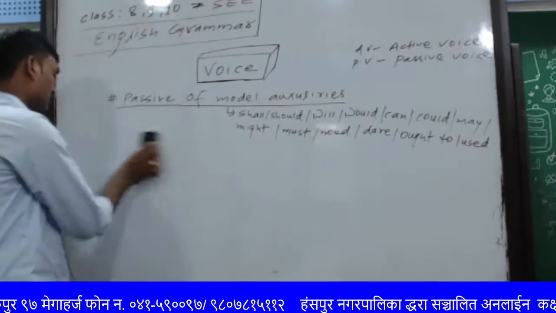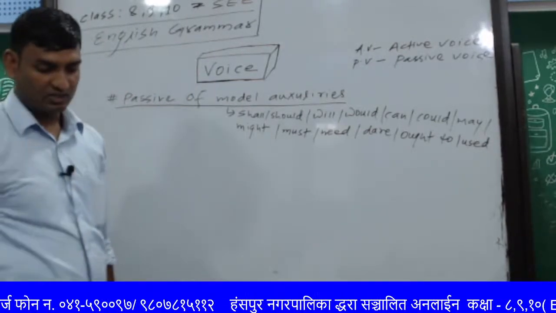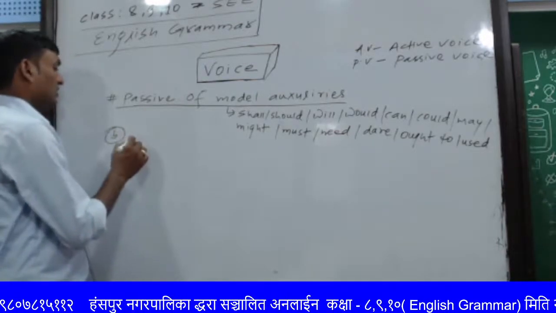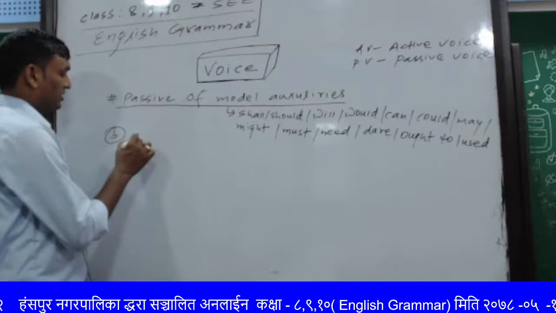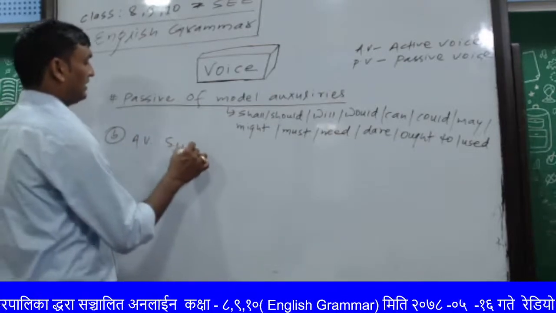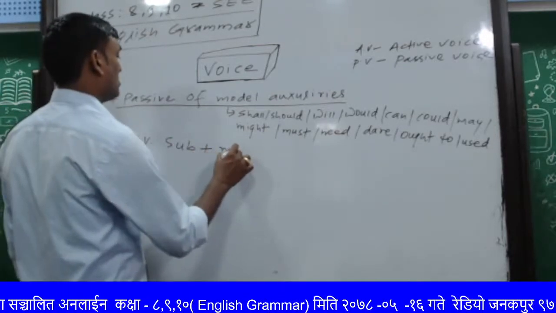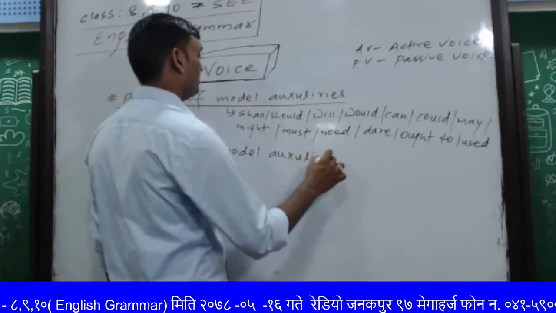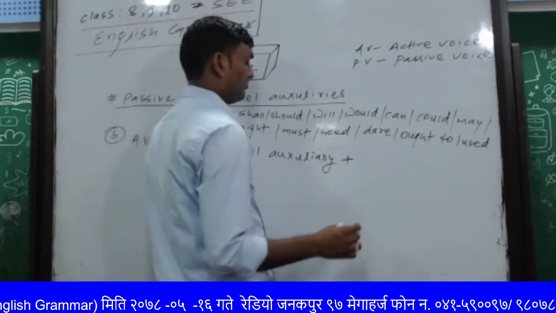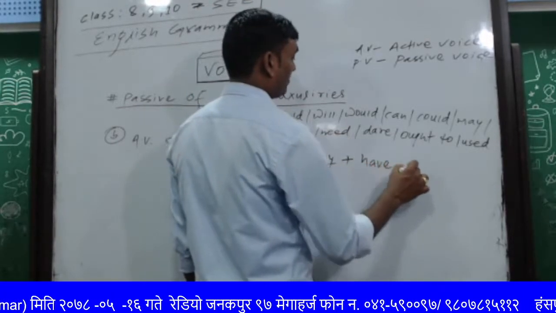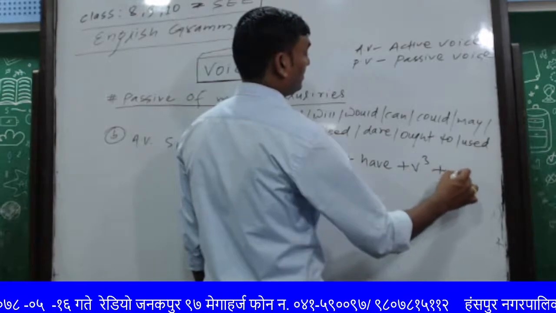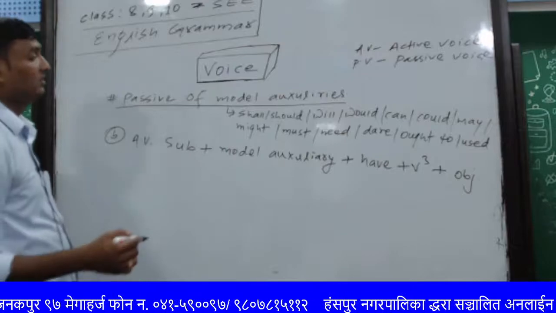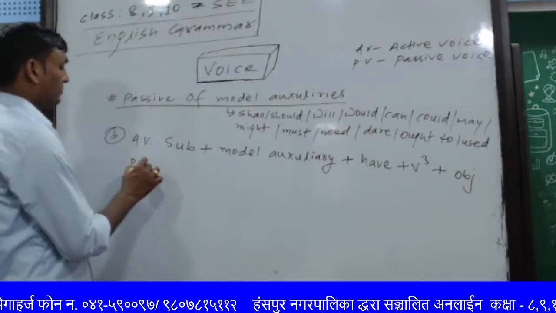The first was modal auxiliary plus V1, and the next one is number B. Active voice: subject plus modal auxiliary plus have plus V3 plus object. Then how do we change it into passive voice?